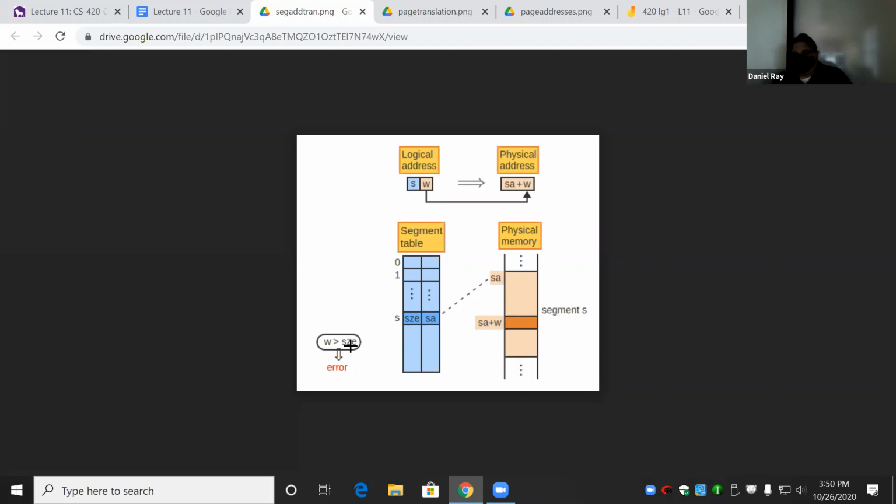The operating system says, sorry, this is an error. The offset you've given us is bigger than the size of the segment you seem to be trying to access in. Okay? Questions about that?